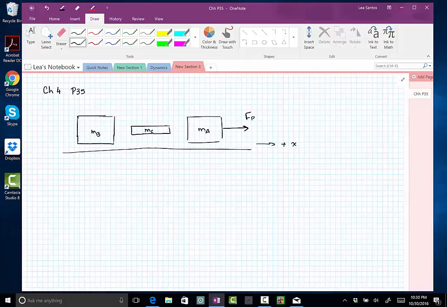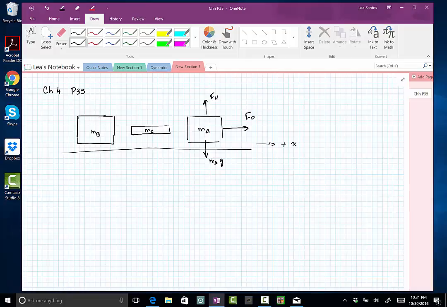Of course we always have weight to take into account, a normal force because of the contact between the box and the table. I'm not going to bother writing those forces now. Let me just put one example, weight and the normal force, but I'm not going to bother about these forces because they are not asking us about normal force and there is no friction involved, so normal force is not that important here.